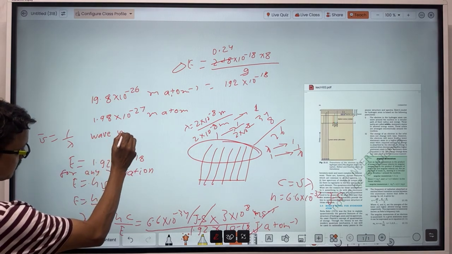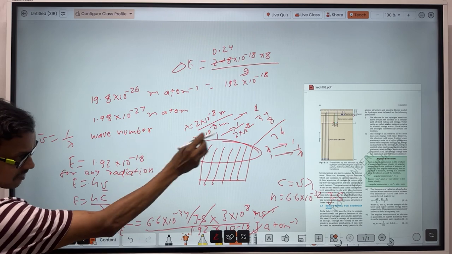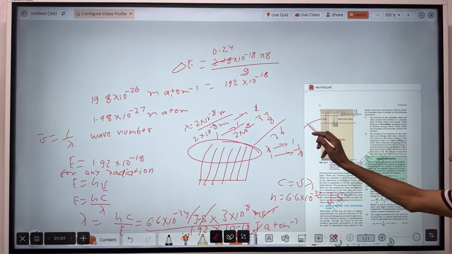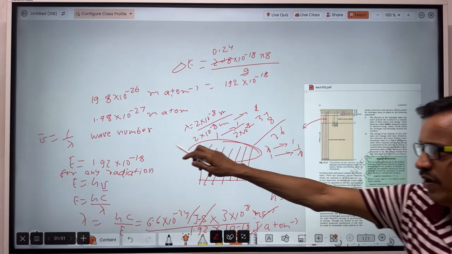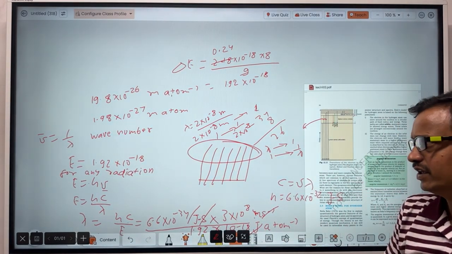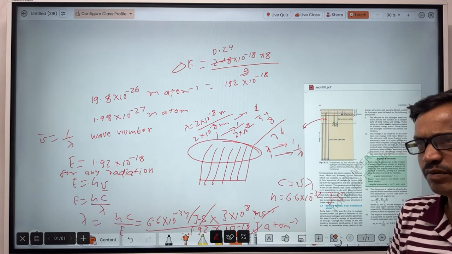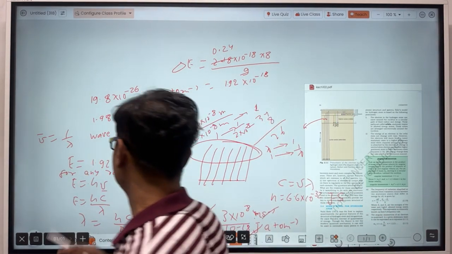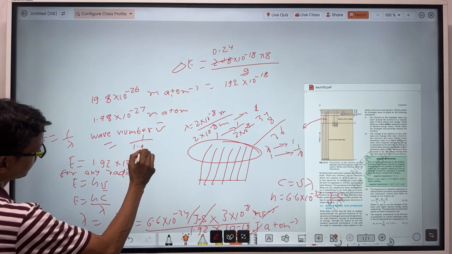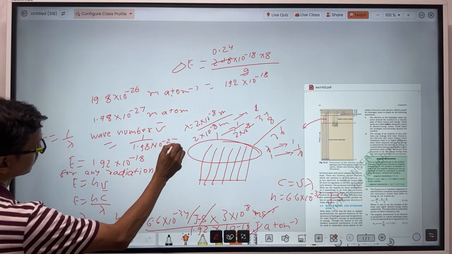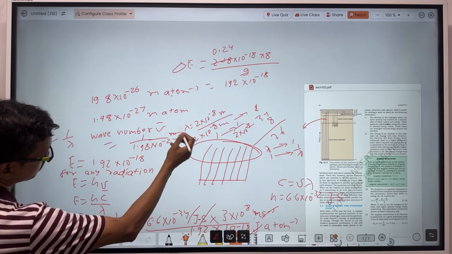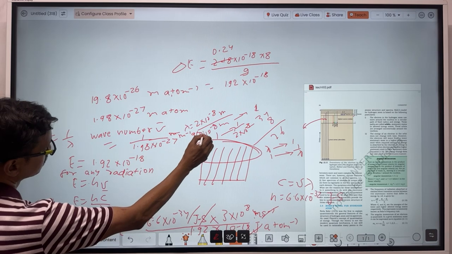So wave number for the second line of Lyman series will be how much? 1 upon lambda. Lambda you have calculated 1.98 into 10 power minus 27 meter per atom. So that will be equal to wave number nu bar. That will be equal to here very easy, 1 upon 1.98 into 10 power minus 27. That is meter. Yeah, so it will go above in the numerator. So meter inverse per atom.